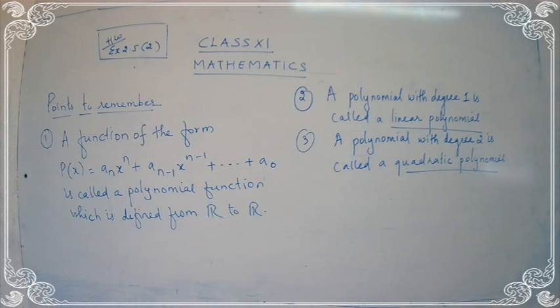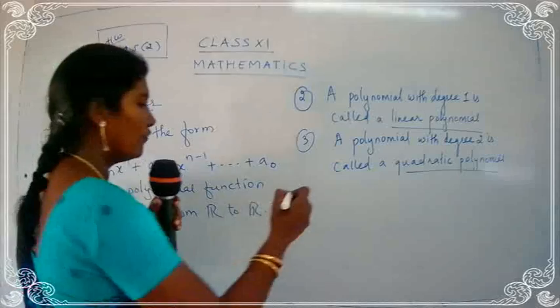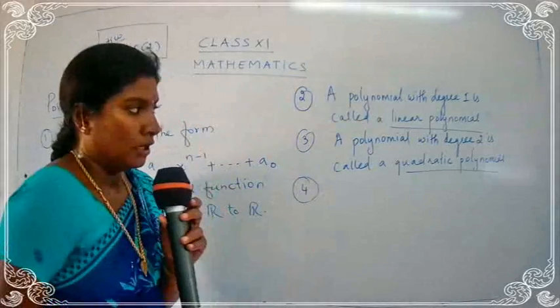So if the polynomial has degree 1, you call it a linear polynomial. And if the polynomial has degree 2, it is a quadratic polynomial. Okay, now let's go for the fourth point.